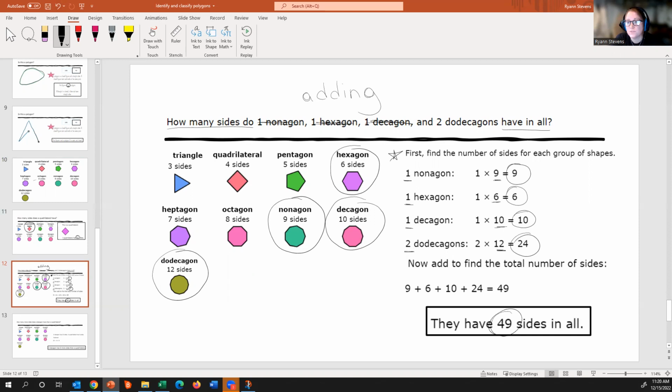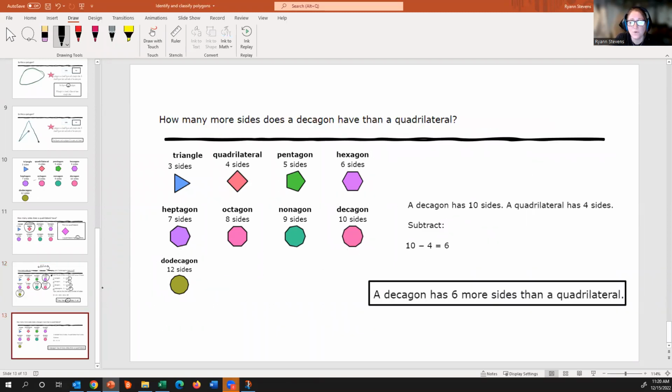So it's important to pay attention if it's asking you for all of the sides total, or if it's asking for a difference in the total amount of sides. The next question, again, this is where it's important to read the question and see what it is asking. How many more sides does a decagon have than a quadrilateral? If it's asking how many more sides, this is going to tell you that you're going to be subtracting.